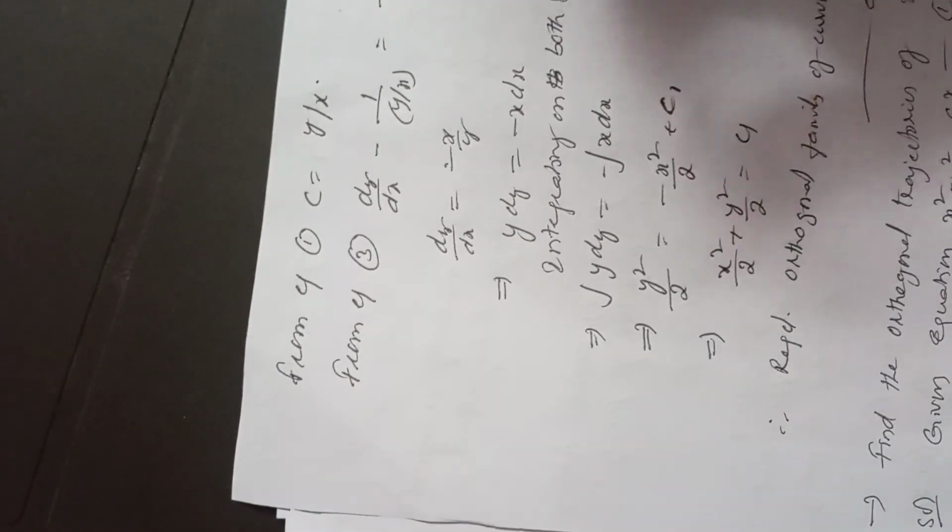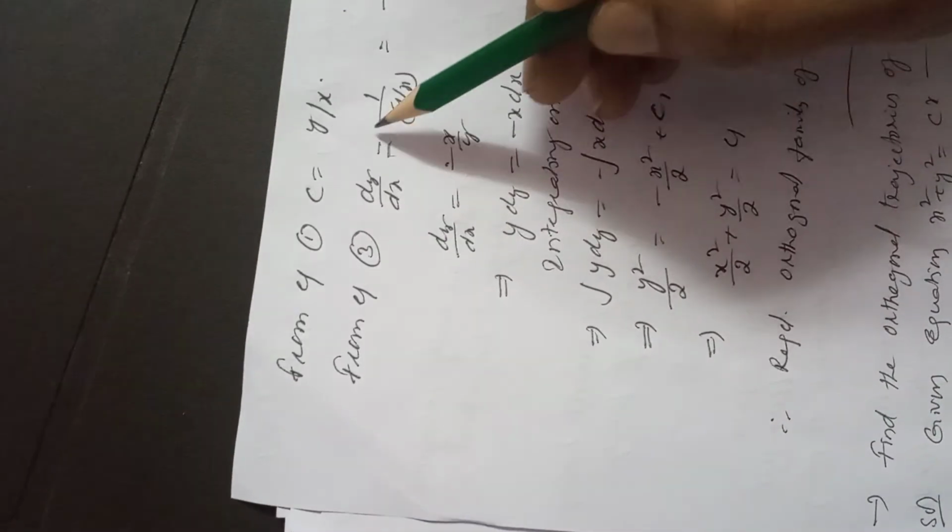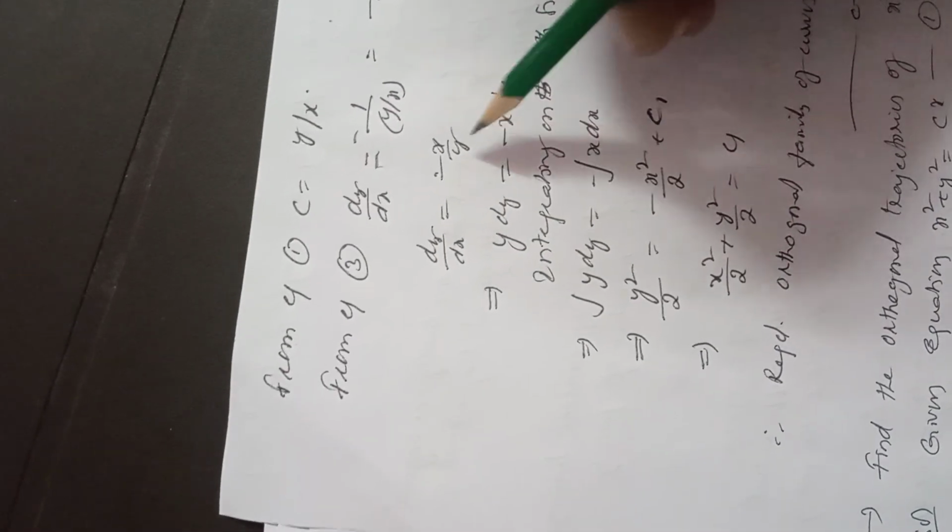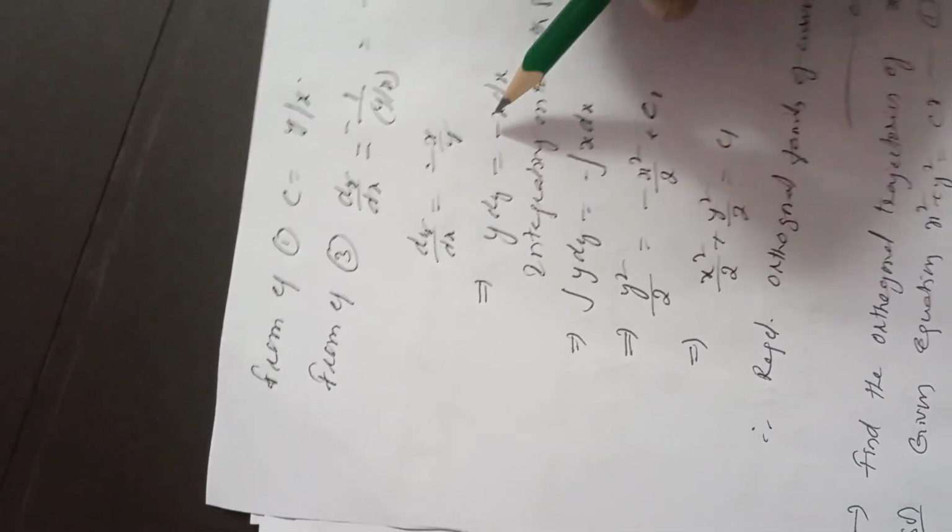But what is c from equation 1? The c value is y by x. So dy by dx is equal to minus 1 by y by x. Now simplifying, minus x by y comes.